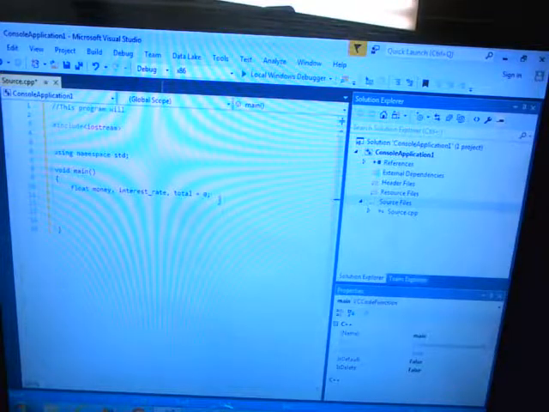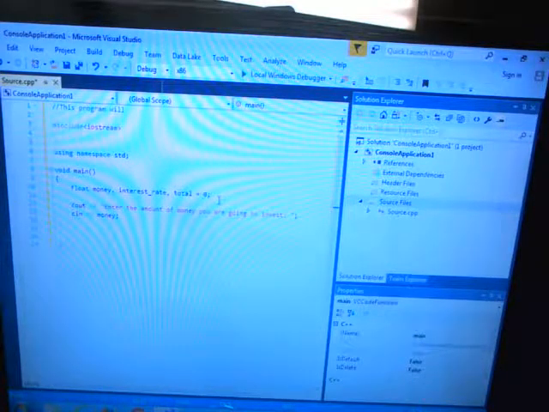So I think we need to tell the user what to do. Cout: Enter the amount of money you are going to invest. And then I think I need a cin. All right, so the person will type in how much money they're going to invest.